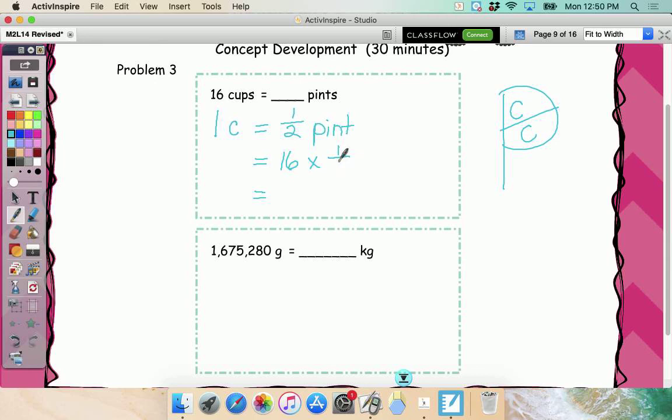Good. What word did I tell you you could substitute for multiply of? Let's read it, but we're going to read it backwards. Everybody read it with me. Half of 16. What is it? 8. What's my label? Pints. Very good.